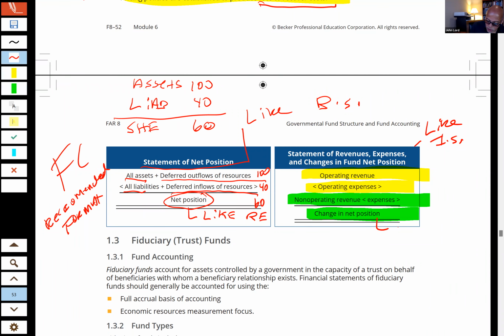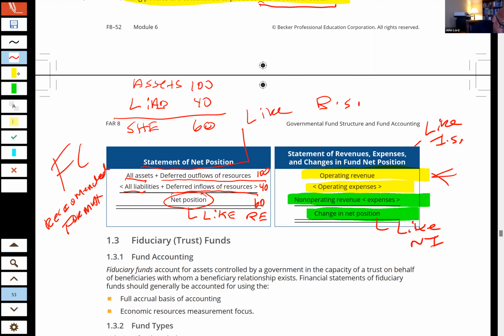Change in net position is like net income. Does that format of the income statement sound familiar to you? Yes. F1 is back. Operating revenue, operating expenses, non-operating revenue and expenses. We don't have discontinued operations here, but we have something that is very, very similar to what we saw in F1, right?